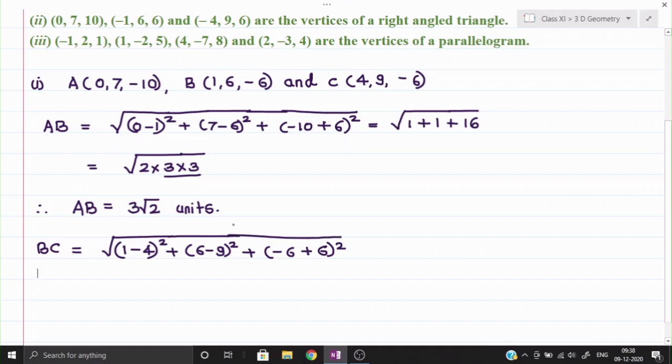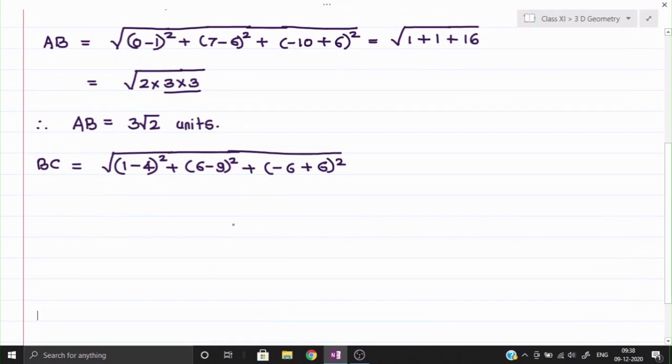Now further we can say 1 minus 4 will be equal to minus 3 and square of minus 3 will be equal to 9. So this will be 9 plus 6 minus 9 again minus 3, that is also 9.